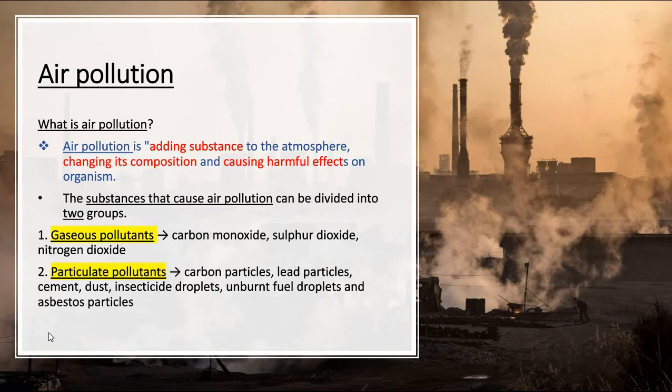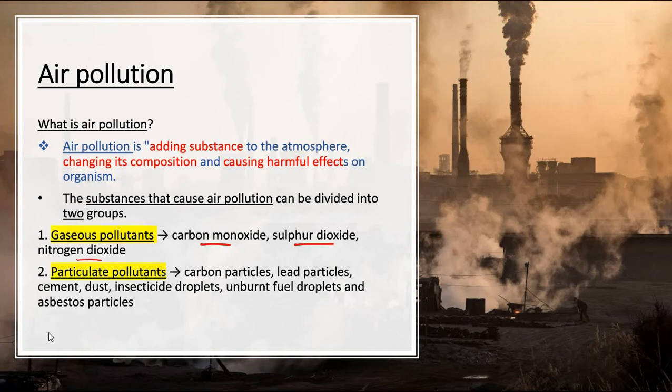There are various things that cause air pollution. We can categorize them into two categories as gaseous pollutants and particulate pollutants. Gaseous pollutants are the pollutants that exist as gases: carbon monoxide, sulfur dioxide, nitrogen dioxide.